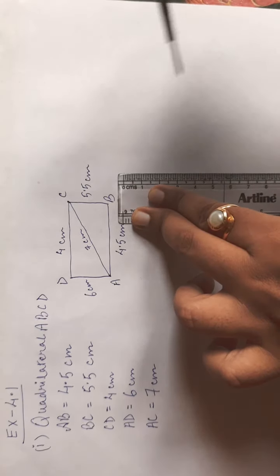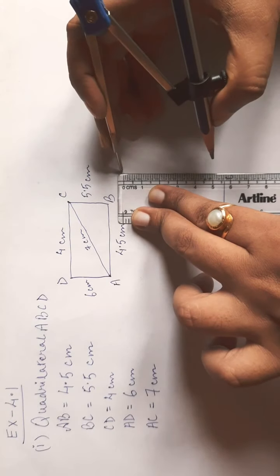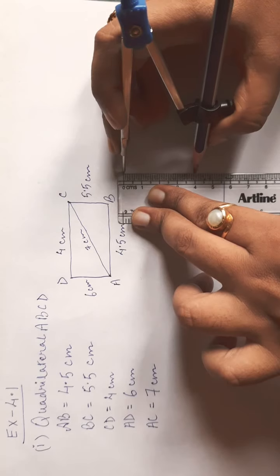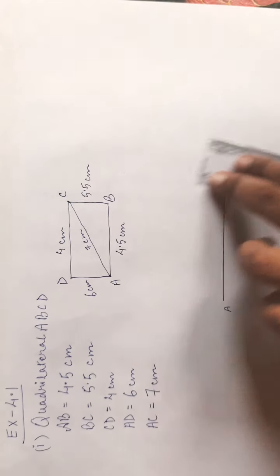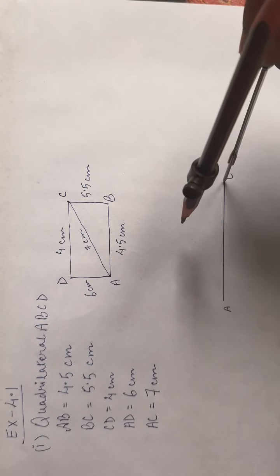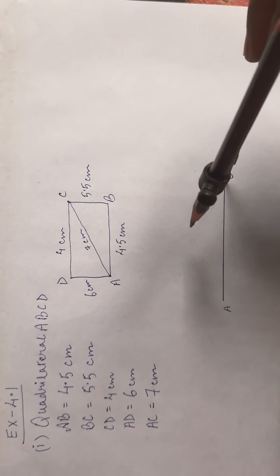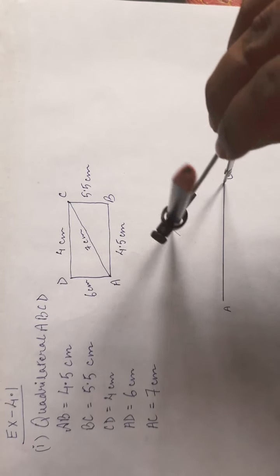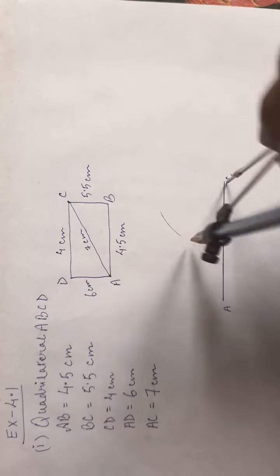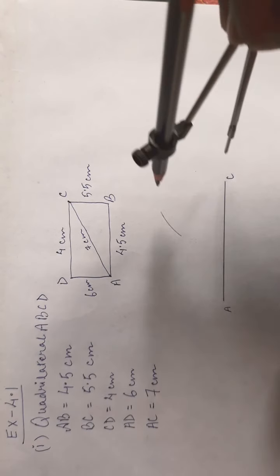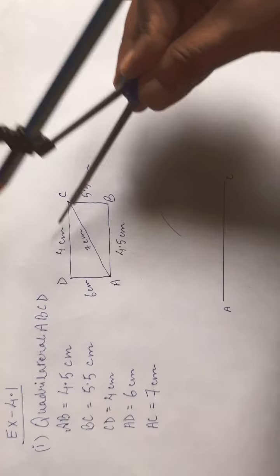So very minutely you have to take, yeah, now this is 4 centimeter. From point C I have drawn an arc in this way, and this much measurement is 4 centimeter.